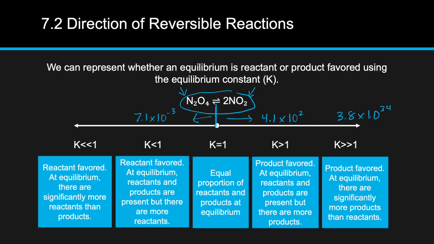However, I'm going to have more reactants than products. And then same goes for my really, really small number. So if I have something like 1.9 times 10 to the negative 31st, this is a really small number. So it's going to tell me that at equilibrium, I pretty much have all reactants and very few product molecules.